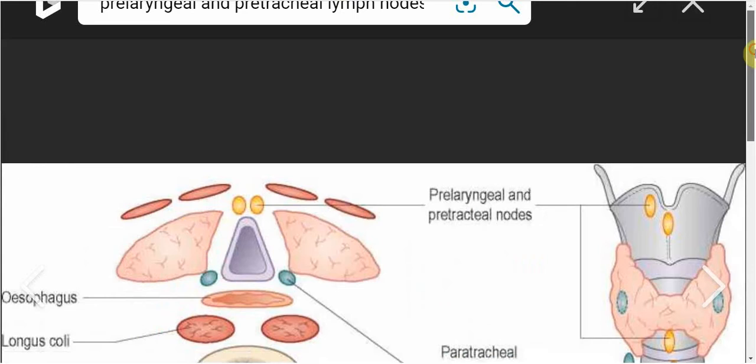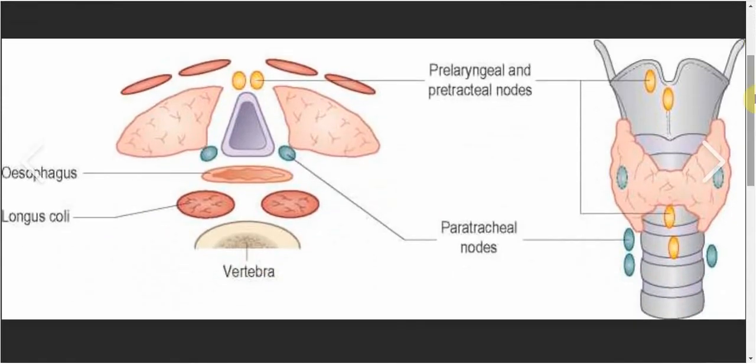So in this image over here, this is a cross section, this is the vertebrae, so this is posterior, right? And these are the lobes of the thyroid gland. So this is the pre-laryngeal and the pre-tracheal lymph nodes, because this is the thyroid gland, which is a part of the larynx, and the larynx continues as the trachea.